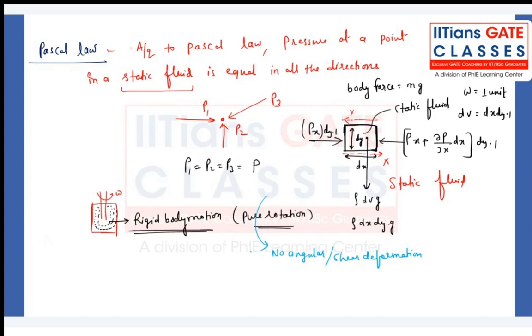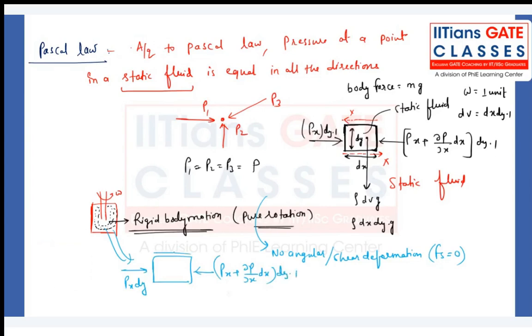When there are no angular deformations, my dear friend, then what will the shear force do there? That is also zero. Once again, if we draw the fluid element, there will be pressure force p dy, and p plus dou p by dou x into dx into dy into 1, acting.